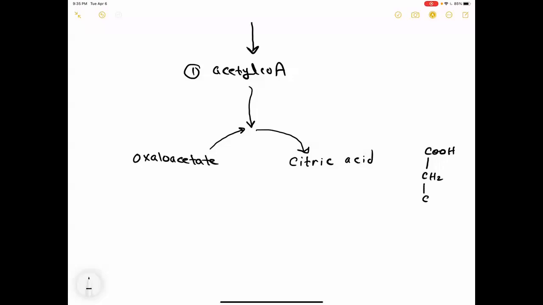C. COOH. And OH here. CH2. Excuse me. COOH. That you are staring at is citric acid. Again, citric acid.